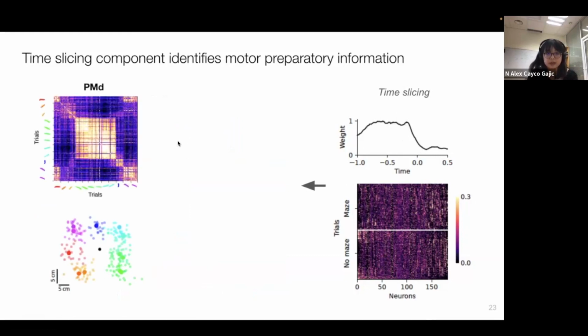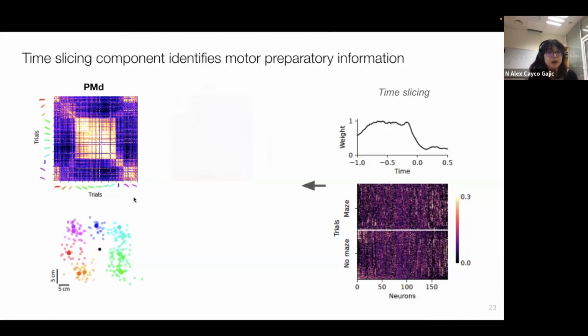And what we did is look at the representational similarity of these encoding vectors. So now we're looking at trials by trials, and here they're colored by the different reach trajectories. If this is in premotor cortex, you can see a lot of structure here because the encoding vectors for similar reach directions are similar in PMD.